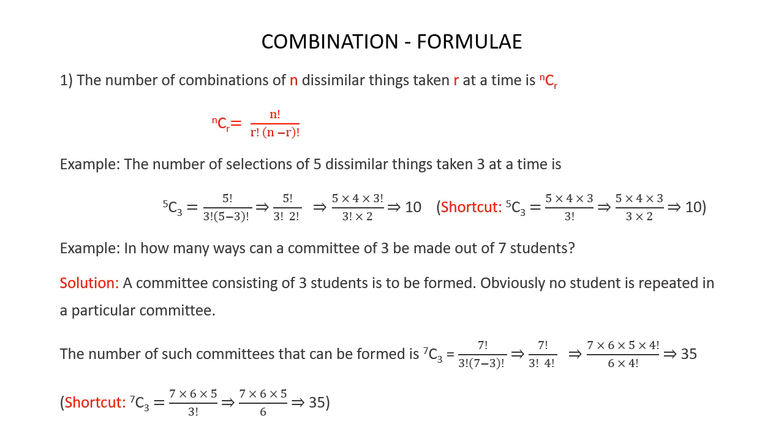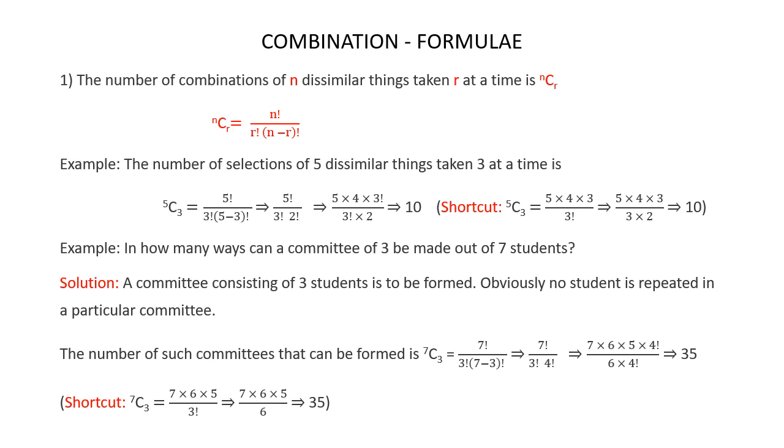So 5C3 is equal to 5 multiplied by 4 multiplied by 3 divided by 3 factorial. Now 3 factorial is nothing but 3 multiplied by 2. So on solving this, we get 5C3 is equal to 10. So 10 selections can be made out of 5 dissimilar things taken 3 at a time.